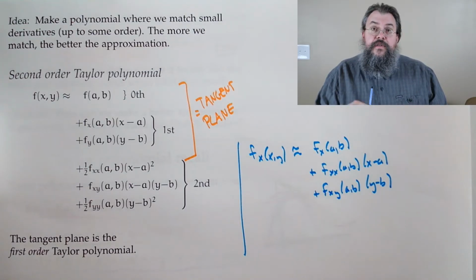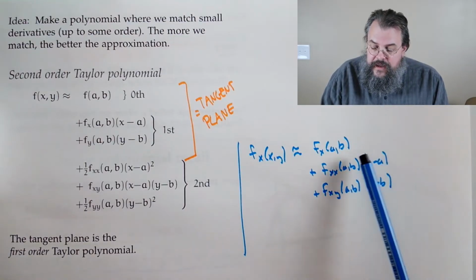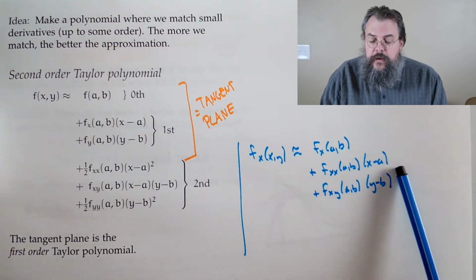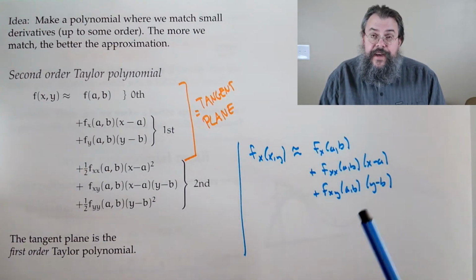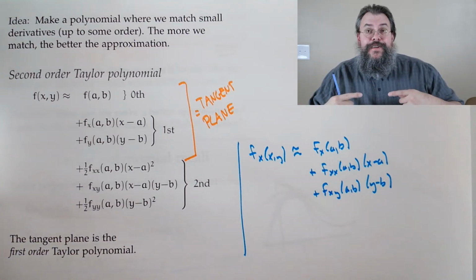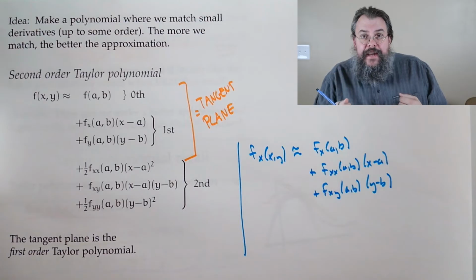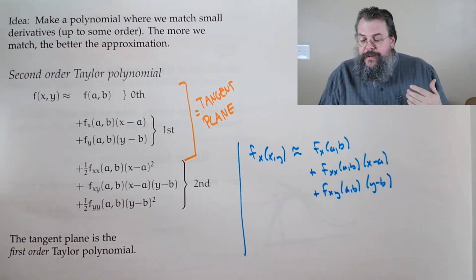And now notice, if you plug in again x equals a, y equals b, the x equals a knocks out the term with the f_xx, y equals b knocks out the term with the f_xy, and so you're left with f_x at a, b. In other words, the derivative matches. So f sub x is what it should be. What if we went even further?